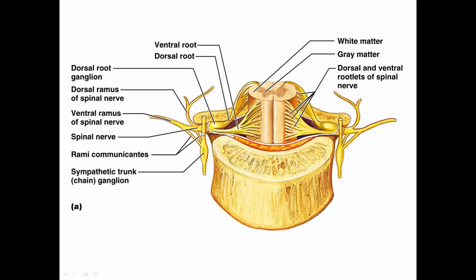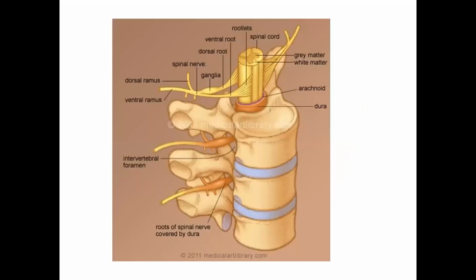Of course, on either side you get the sympathetic trunks. This also shows you the different meningeal coverings and the rootlets and how they form the two dorsal and ventral roots. Functionally just saying one is okay, but anatomically you can see these rootlets very clearly in a gross dissection.